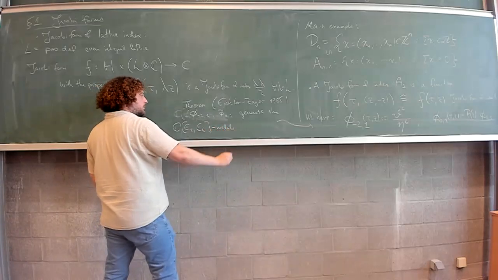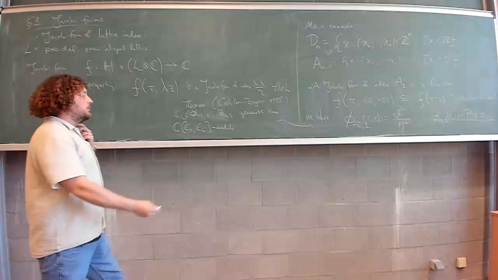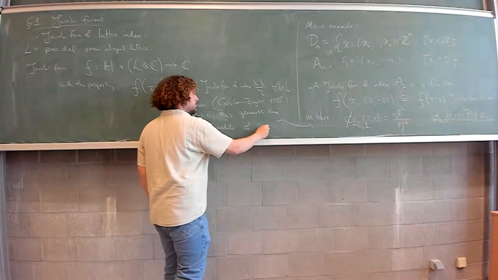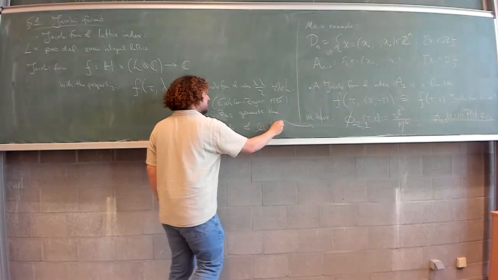It's a module over the ring of modular forms of so-called weak Jacobi forms.